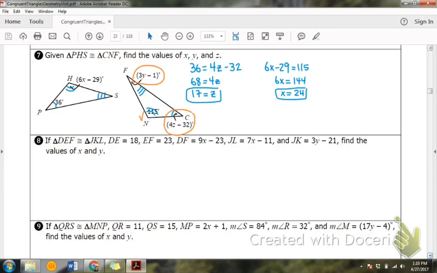I'm going to try to plug z in, though, because then it's going to keep everything I need in one equation. So 4 times 17 minus 32 plus 115 plus 3y minus 1 equals 180. So I just worked in one triangle.